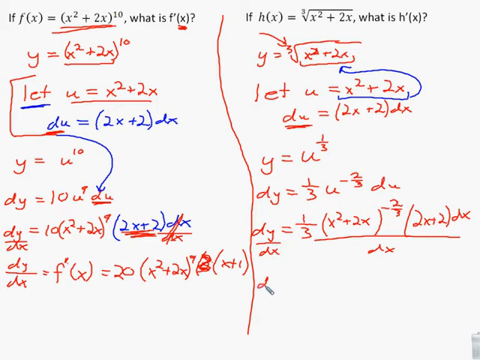So we have dy/dx, which in our original notation from the problem is really h prime of x, is equal to, and we can write this in correct form, we have 2x plus 2 in the numerator. The 3 is in the denominator from the 1/3, and then this part here is in the denominator. We have x squared plus 2x to the 2/3 power. And that is our derivative using u substitution.